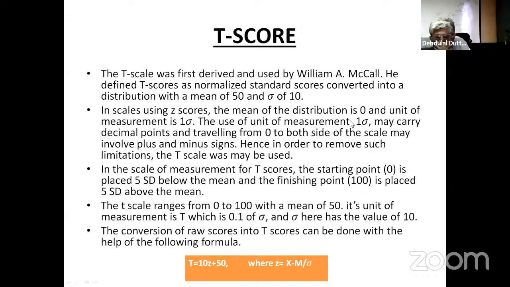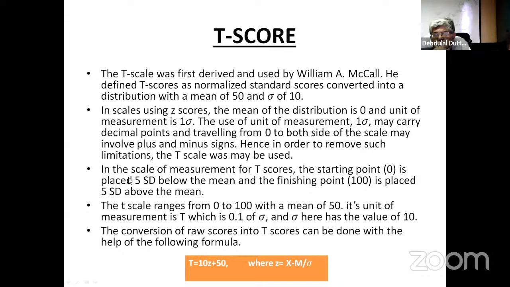The use of 1 SD as the unit may carry decimal points, and traveling from 0 to both sides of the scale may involve plus and minus signs. As we have seen, there were lots of negative signs in our standard score data. Hence, in order to remove such limitations, the T-scale may be used.